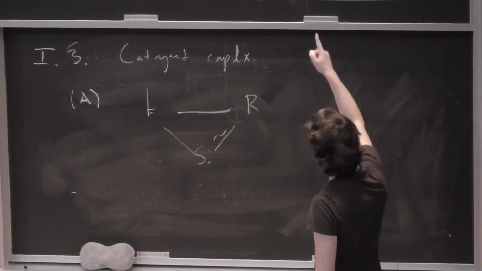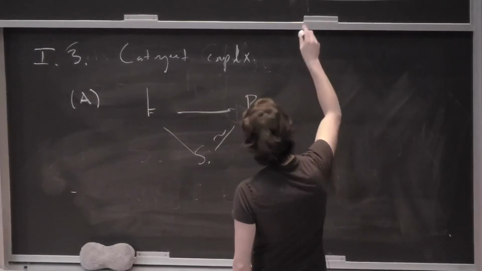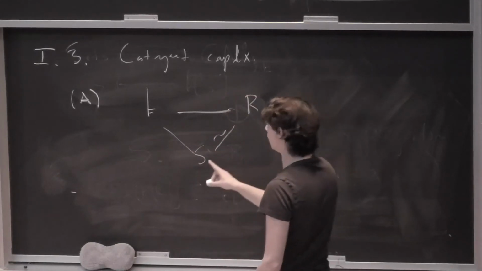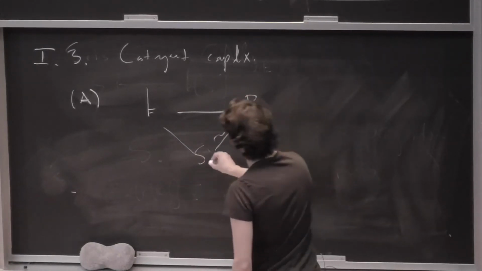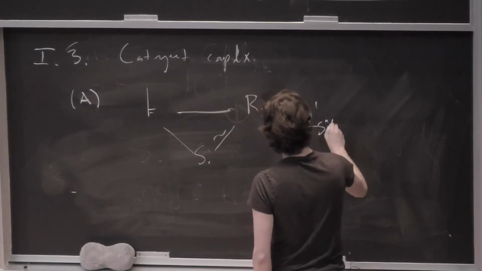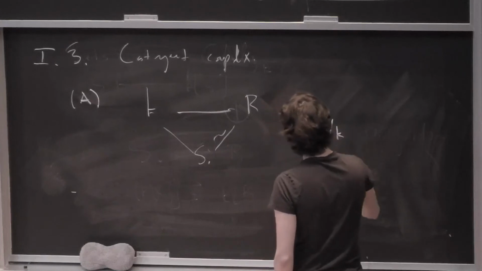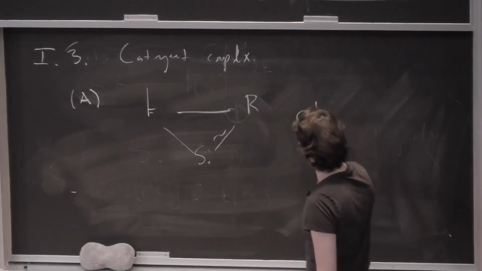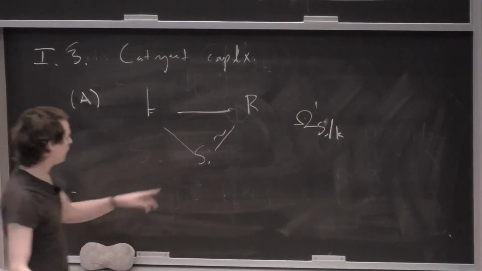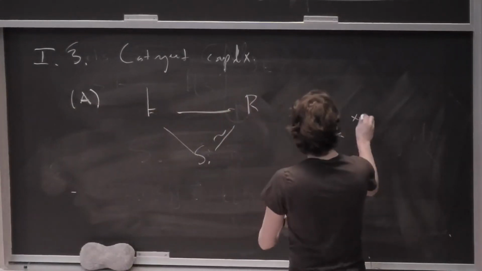And so this is just going to be the derived functor of taking omega 1. So, oh no, that's B, actually. Sorry. Hold that thought. So what I can do is I can take omega 1 of S dot over K. So I can just take Kähler differentials degree-wise. And then I can base change along this map.